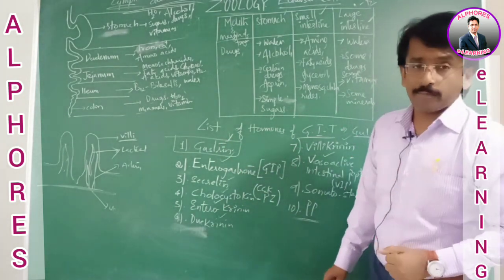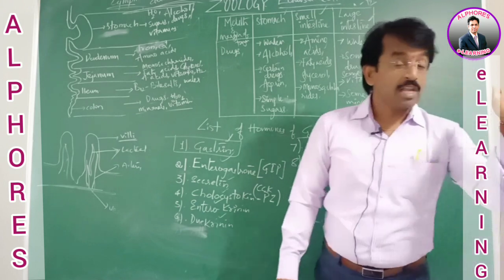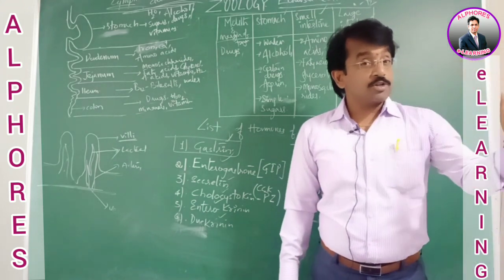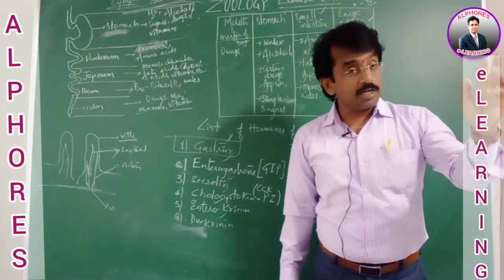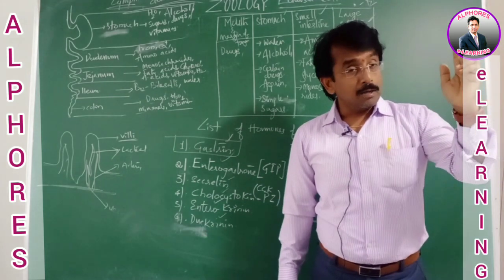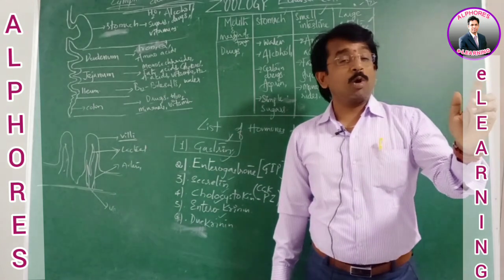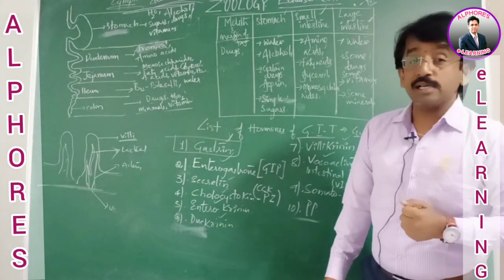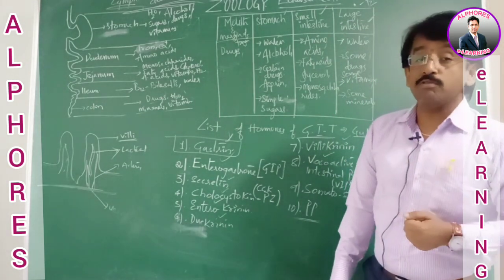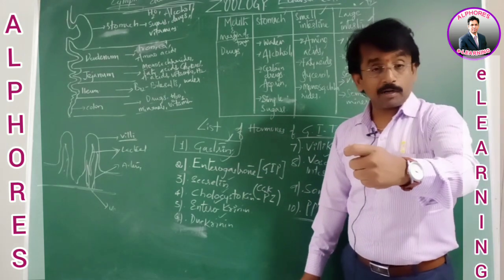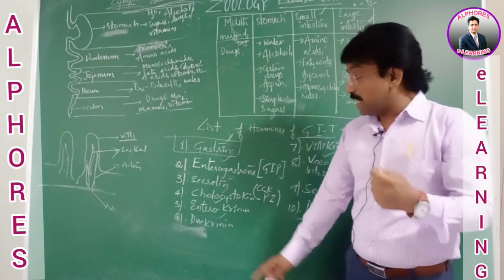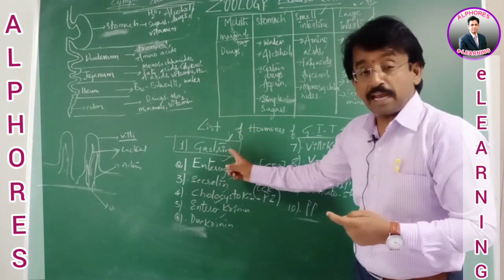Recall that we discussed that the stomach has chief cells, oxyntic cells, goblet cells secreting the mucus, and endocrine cells. That endocrine cell is the G cell. From the pyloric part of the stomach, the G cells secrete gastrin.